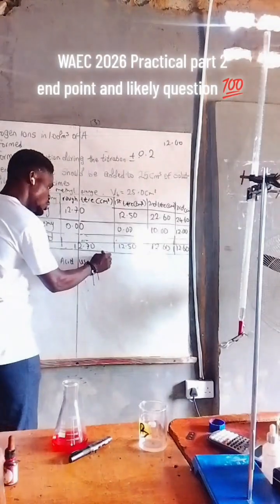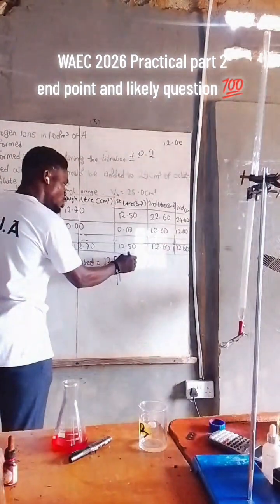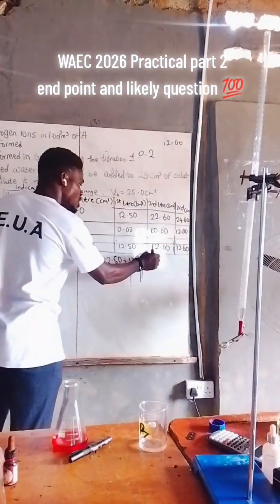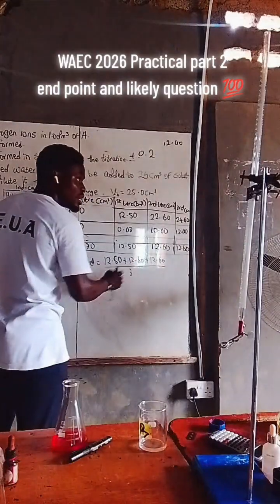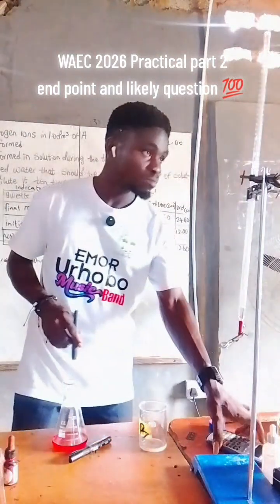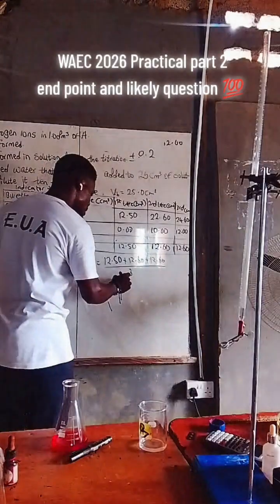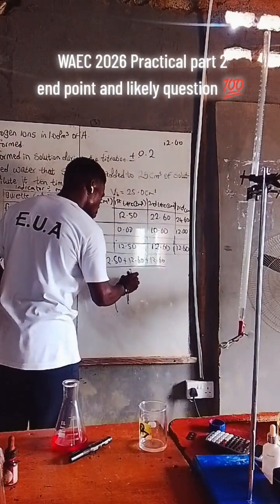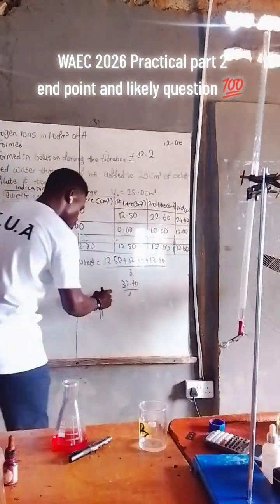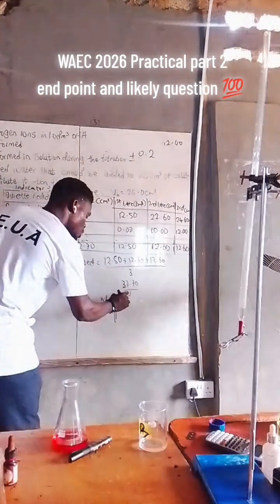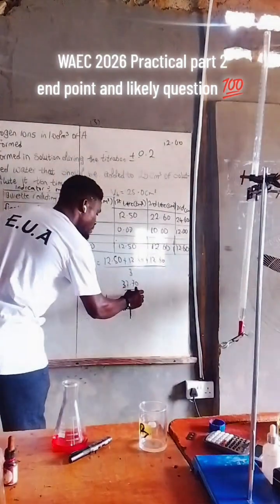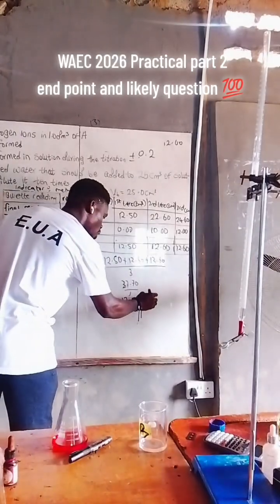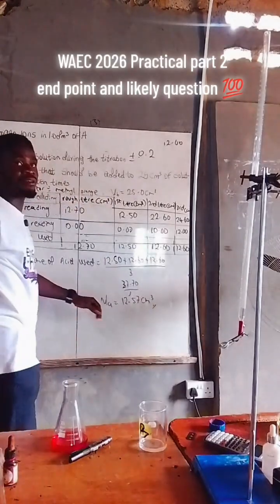So that will be 12.50 plus 12.60 plus 12.60 divided by 3, right? Add for me, what do I have there? Good. 37 point 7 divided by 3. So that is 12 point what? 57 abi, cm cube. This is the average of the acid used.